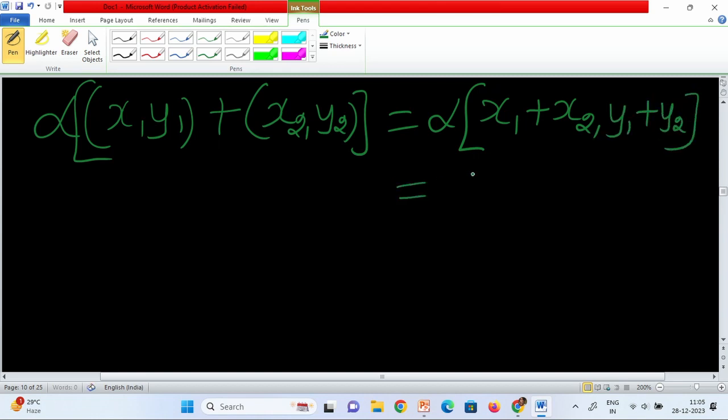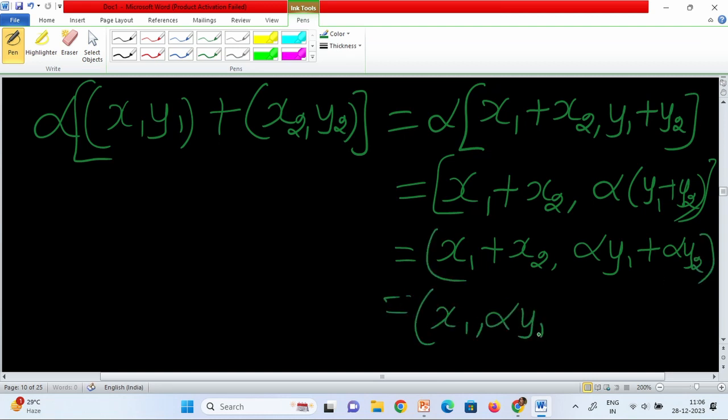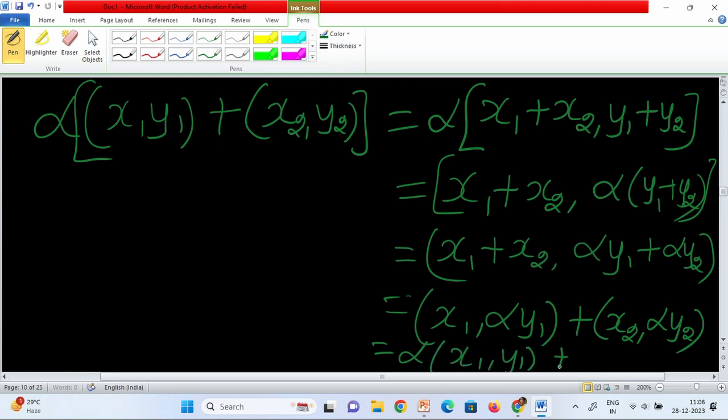As per the definition of scalar multiplication here, this is (x1 plus x2, alpha y1 plus alpha y2). Which in turn equals (x1, alpha y1) plus (x2, alpha y2), which is equal to alpha into (x1, y1) plus alpha into (x2, y2) as per the definition of scalar multiplication. So with respect to this axiom, it is proved.